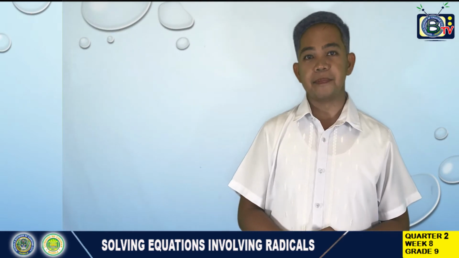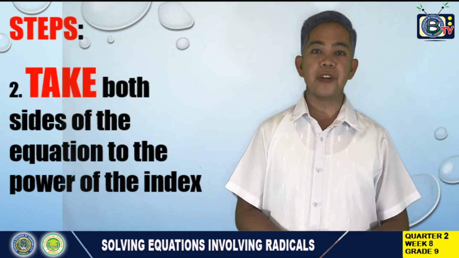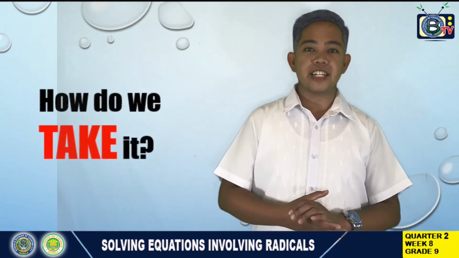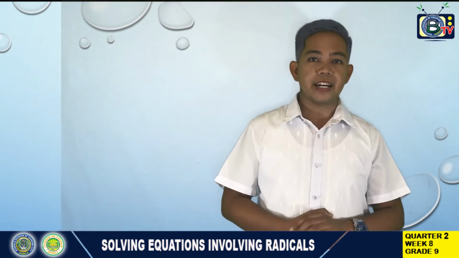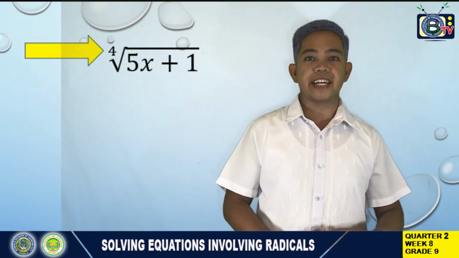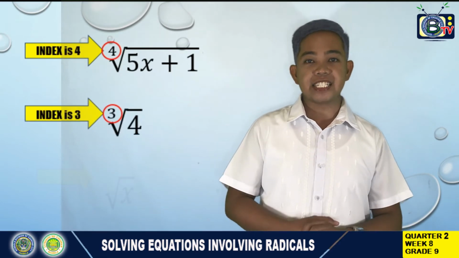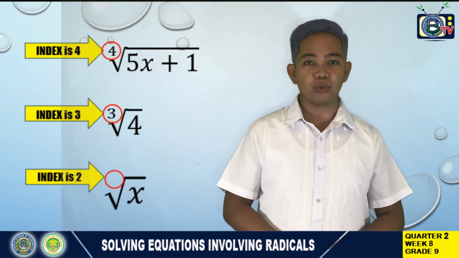The second step, take both sides of the equation to the power of the given index. How do we take it? Just look for the given index. That's the hint. The index is located at the upper left of the radical sign. Class, if it is not written, then it is automatically equal to 2.